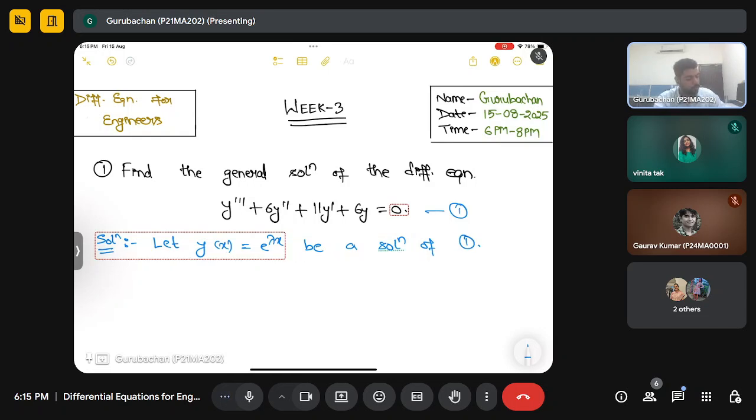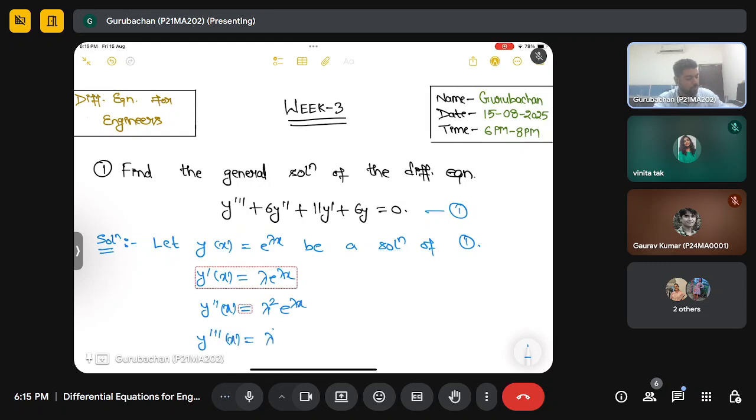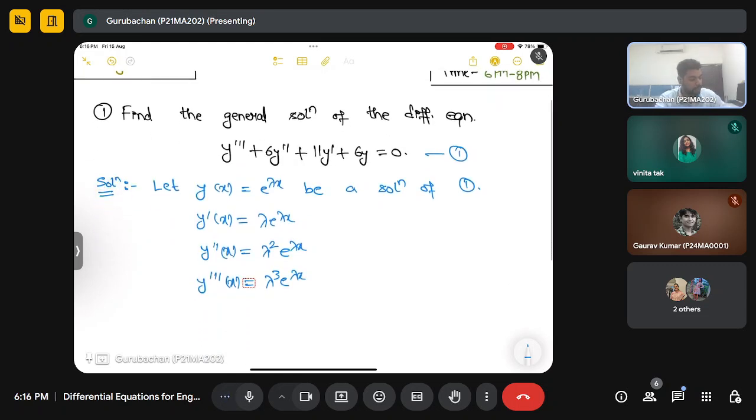Next, we will find its derivatives, and we will put all these values in equation number 1. So what will we get?